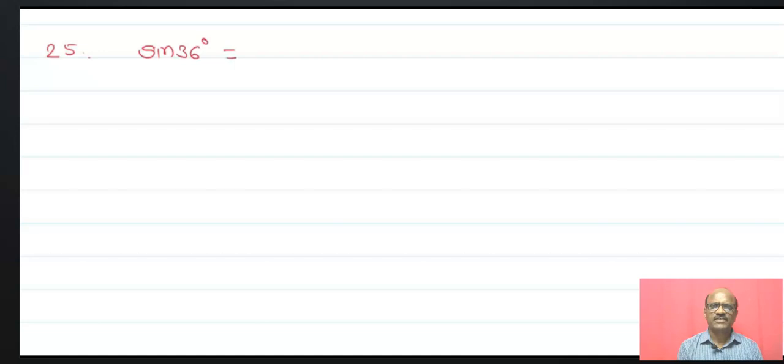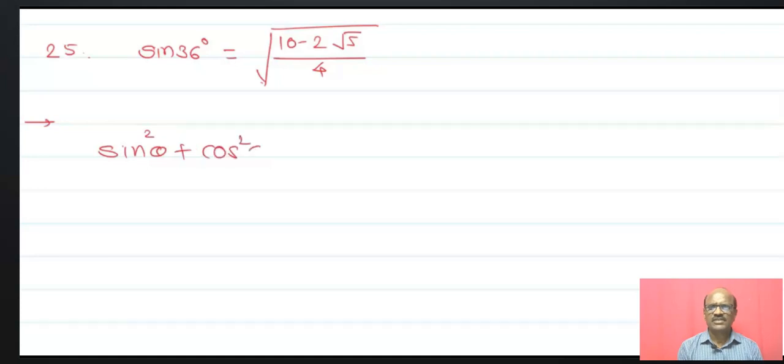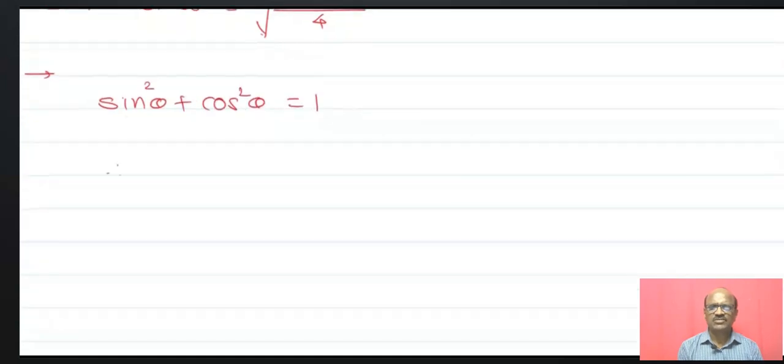Example number 25. Sine 36 degrees is equal to √(10 minus 2√5) upon 4. Now see this here. Sine square theta plus cos square theta is equal to 1.